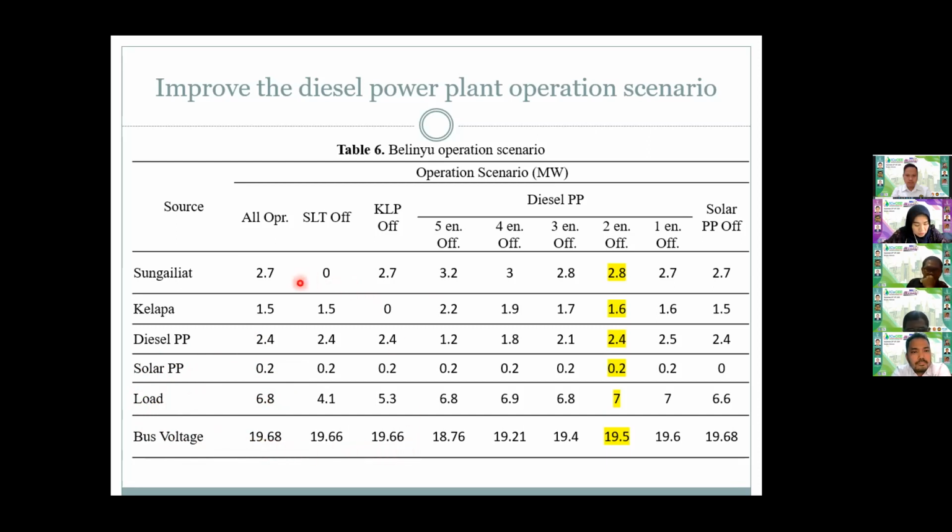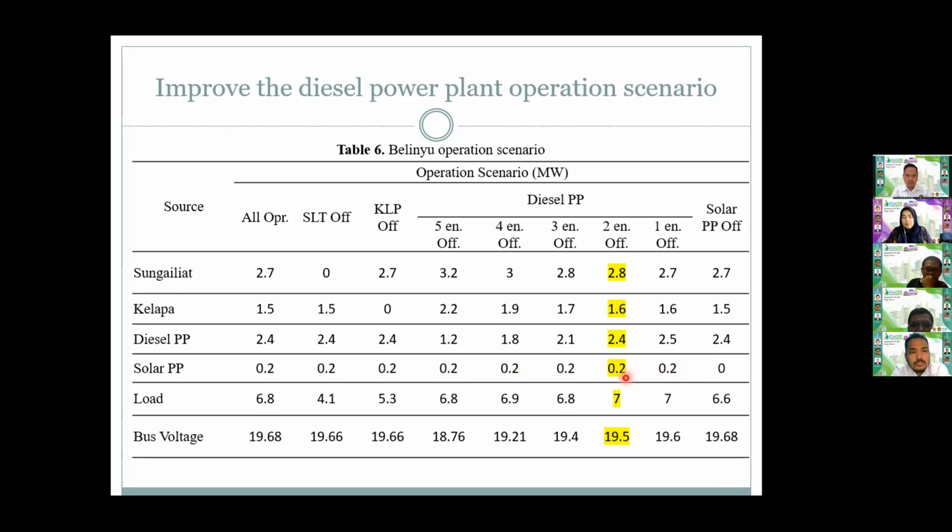The scenarios are divided into all sources operating, Sungalir substation off, Kelapa substation off, some machines off, and solar power plant off. From the table, the most efficient scenario is the condition when the solar plant supplies 200 kilowatt.